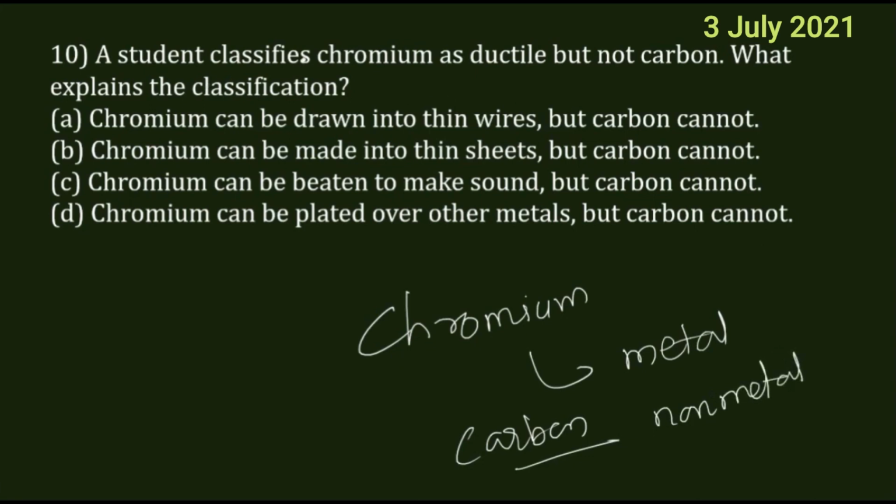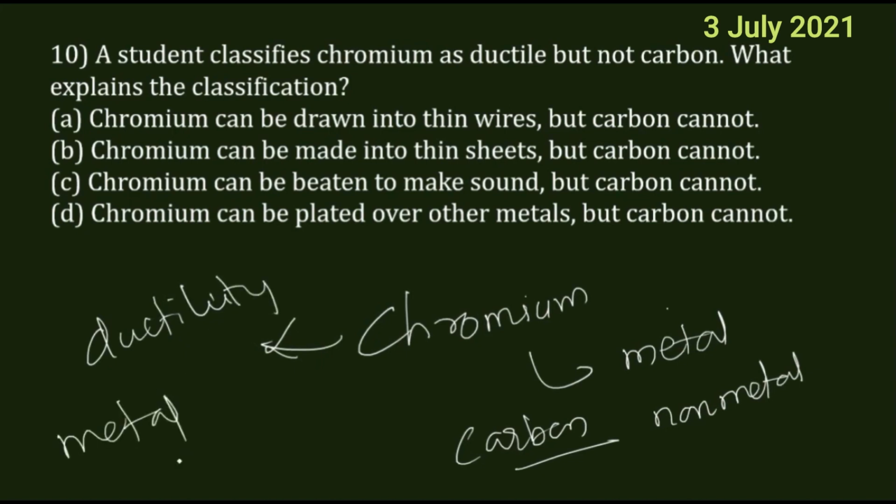What the student classifies is that chromium is ductile, and what do you mean by ductile? Ductility is a property by which we can convert metal into wires, right? So the choice should be chromium can be drawn into thin wires but carbon cannot. That appears to be correct, but let us read the remaining ones. Chromium can be made into thin sheets, but carbon cannot.